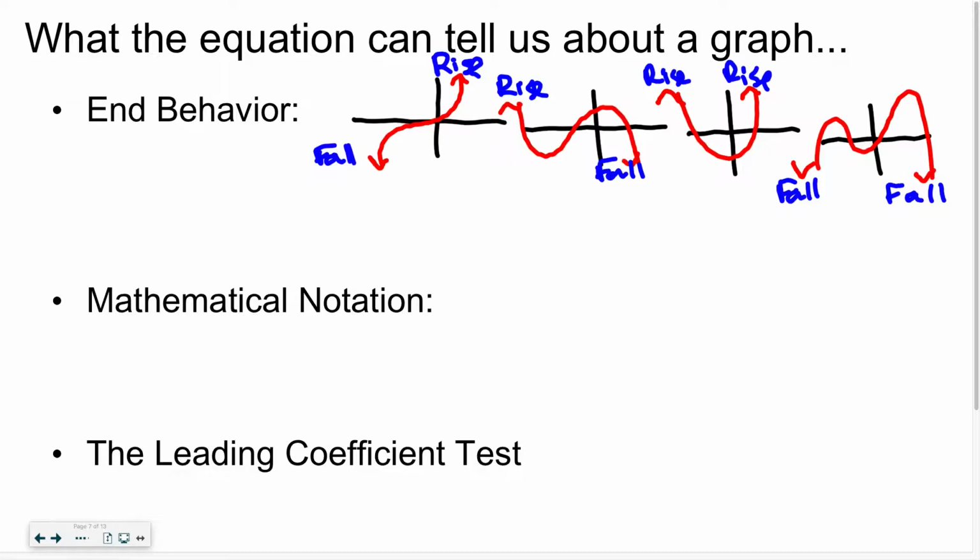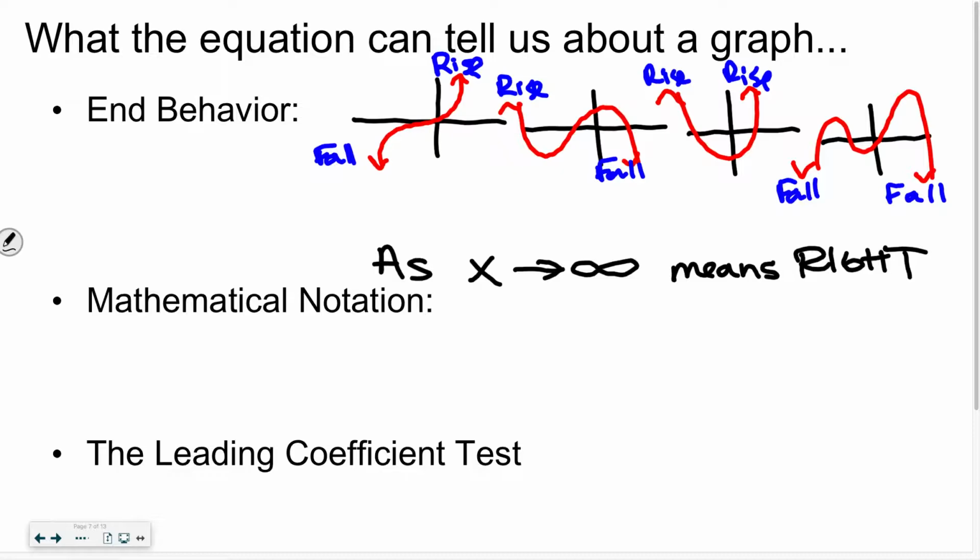Okay. So we're going to use mathematical notation to describe these things. As x approaches infinity means right side. What can I say to mean left side?